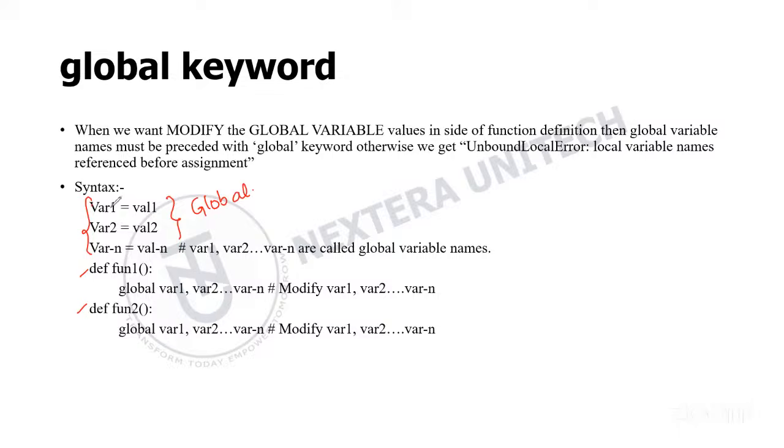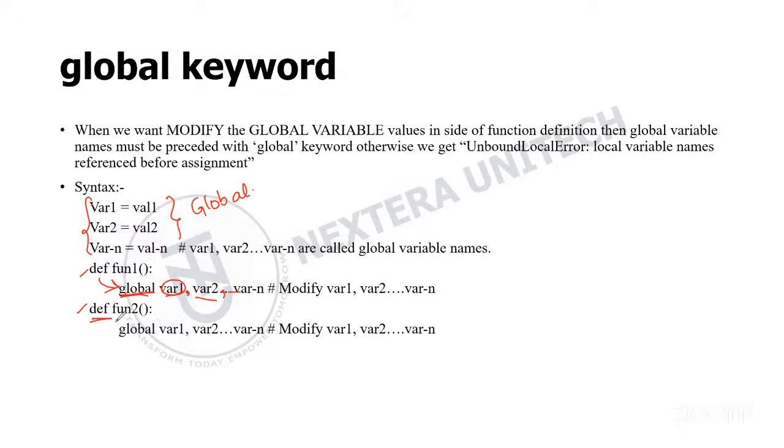And I want to use or modify them inside of these functions. So what I can do is I can write the global keyword and I'll give space. If I want to modify one variable, I can just use that variable. Or if I want to modify n number of variables, I can just give a comma and write one more variable and comma and one more variable and so on till n variables.